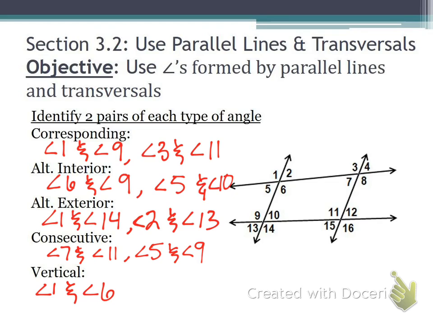Sean, can you give me another pair of vertical angles? 3 and what? 8. Good. 3 and 8 are another pair. Questions about our angle relationships? Okay.